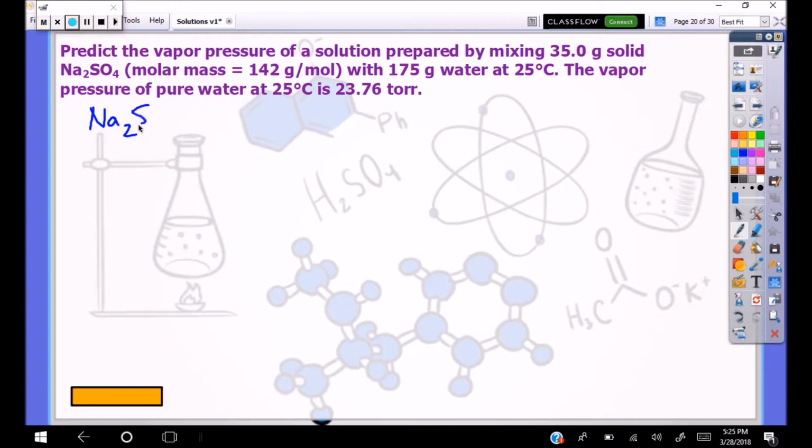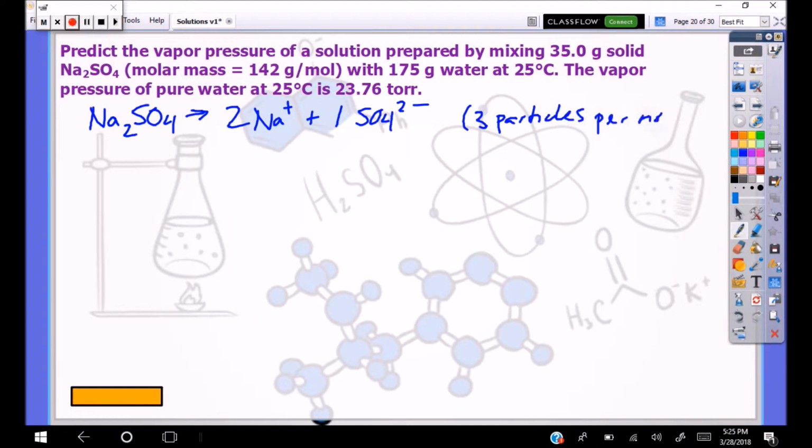So Na2SO4 will split up into 2 moles of Na plus and 1 mole of SO4 2 minus. So in total, we're going to have 3 particles per mole. So when we figure out our moles of Na2SO4, we're actually going to need to multiply that value by 3 before we figure out our mole fraction.